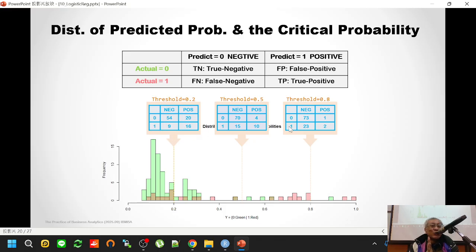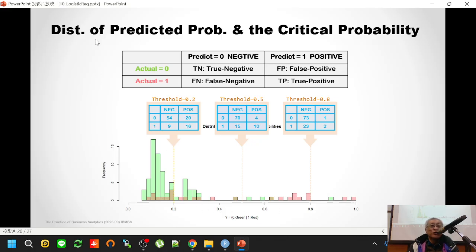So when I raise the threshold to 0.8, how many positive cases do we have? You can tell the number here, right? We only have 3 points specified as positive: 1 point is false positive, and 2 points are true positive.